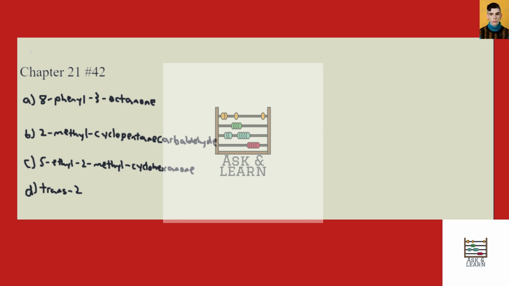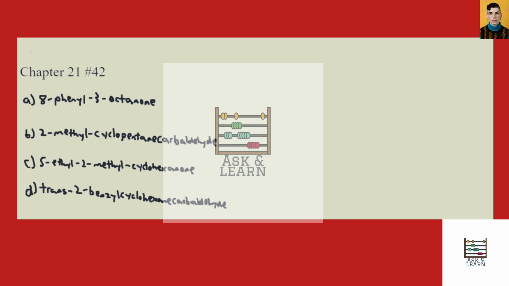So our benzyl group is going to be on carbon number 2. So this is trans 2-benzyl, and then cyclohexane for our ring, and then carbaldehyde for our aldehyde. All right, so that's D.